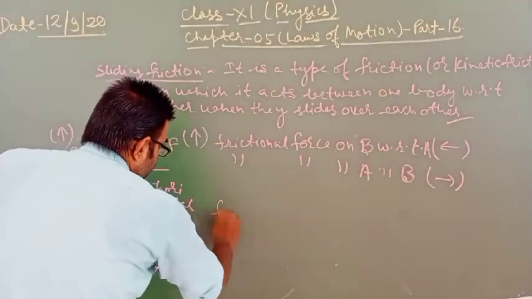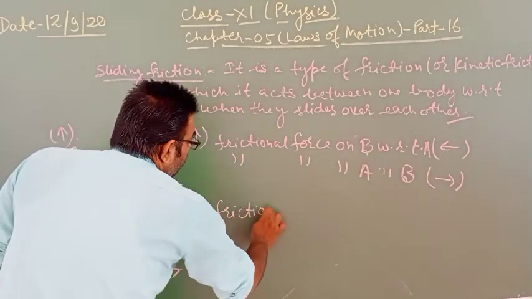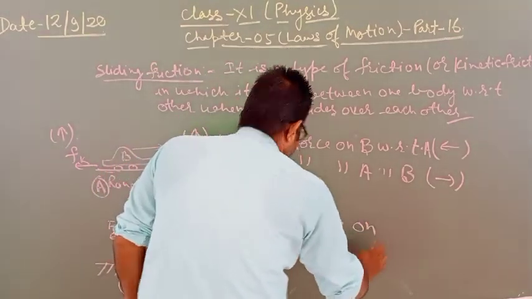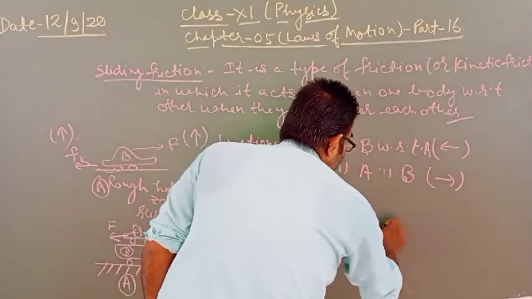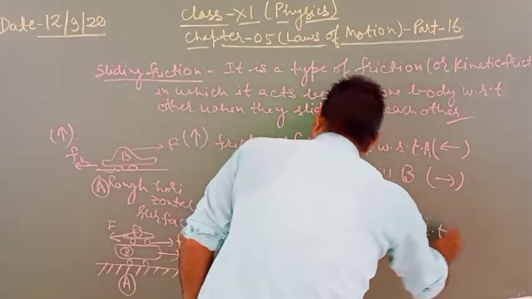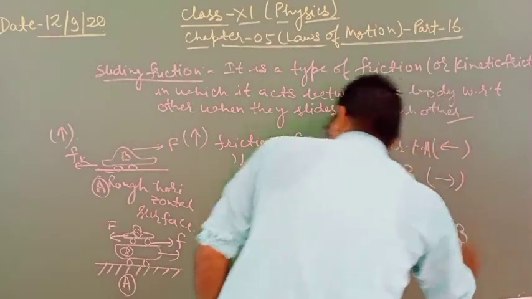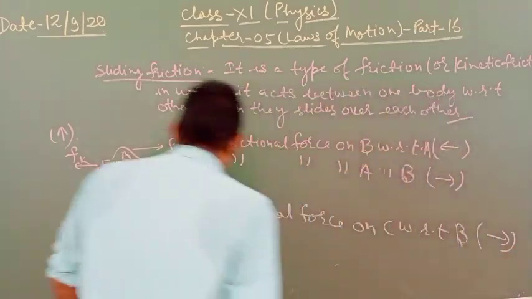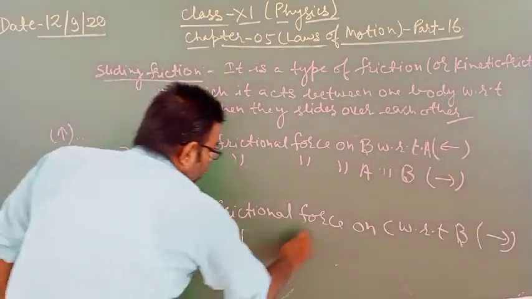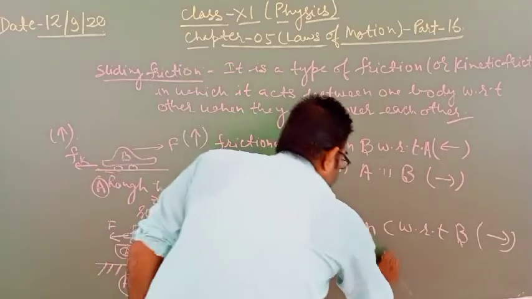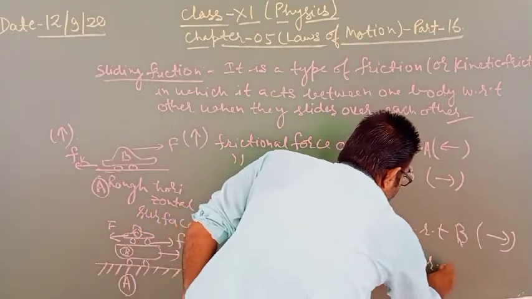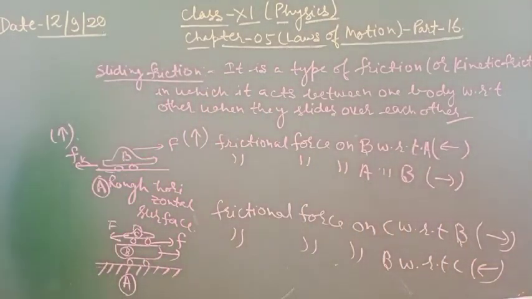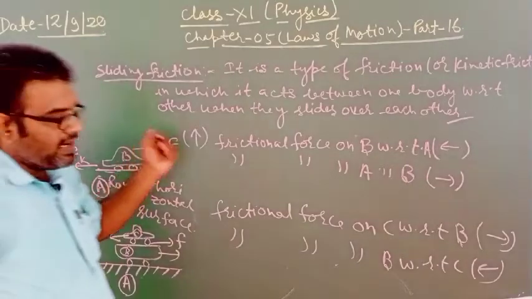So the frictional force on C with respect to B is along the right direction, and the frictional force on B with respect to C is along the left direction. So these are the two cases.